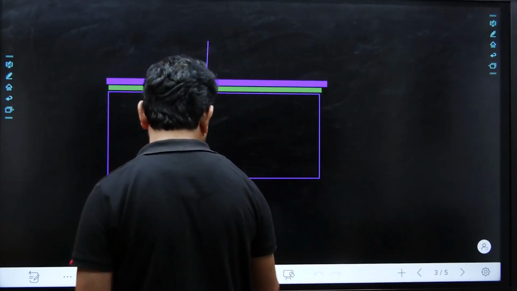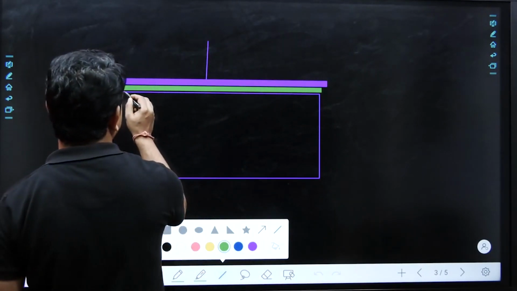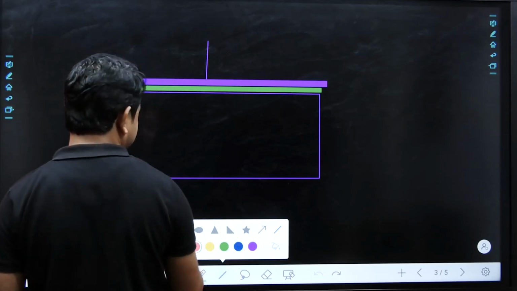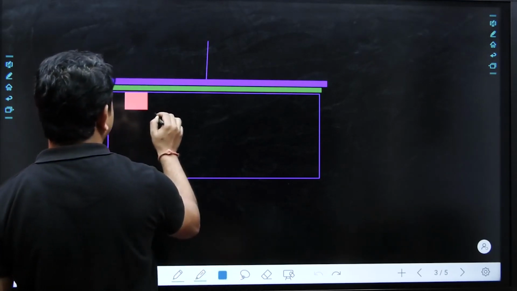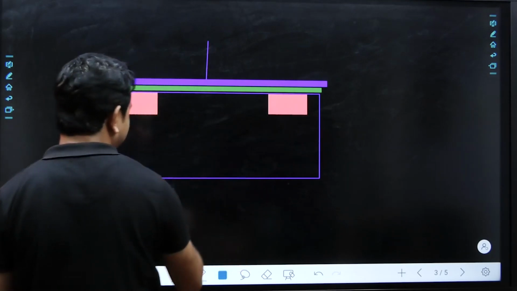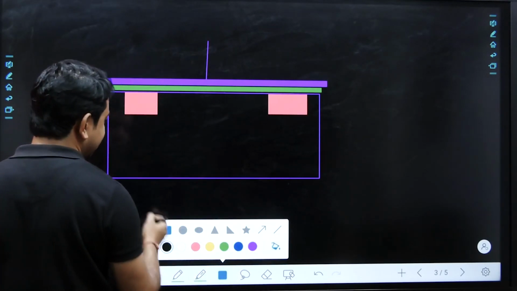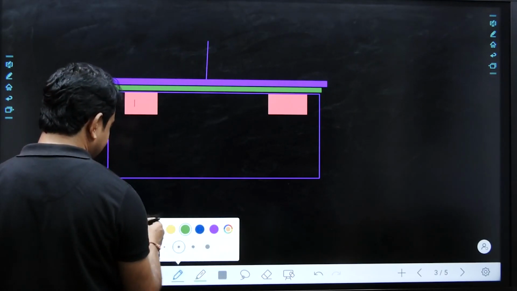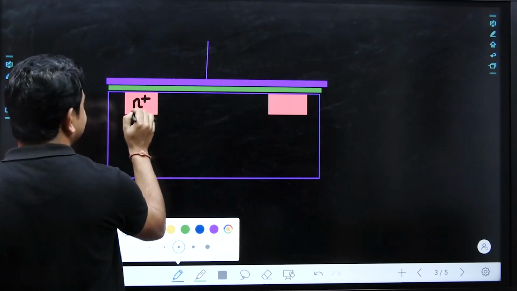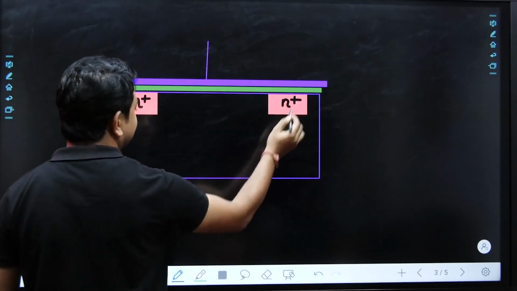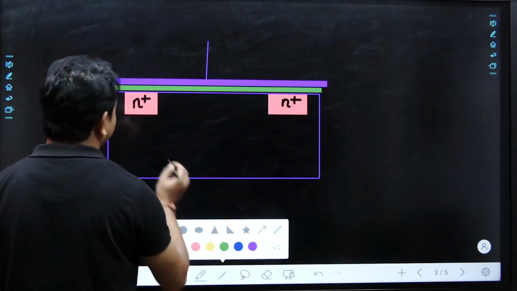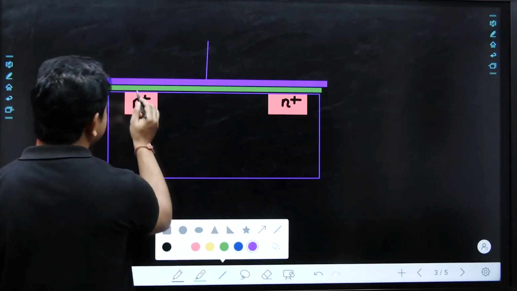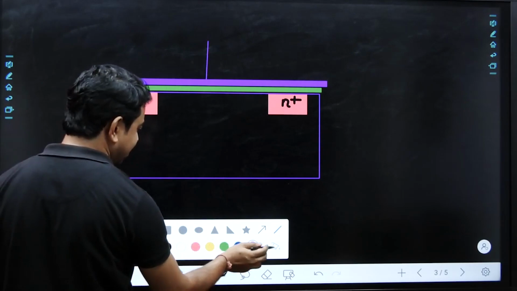If you understood properly, then I can make a heavily doped region here, which is nothing but an N region. So I just made a heavily doped region here, and here also. What is this heavily doped region? This is the N plus region. N plus represents a heavily doped region. Here also this is an N plus region, and I will extend a contact from here using the metal layer, because this is silicon dioxide which does not allow the charge carriers to move.